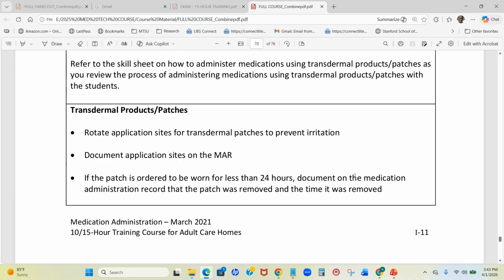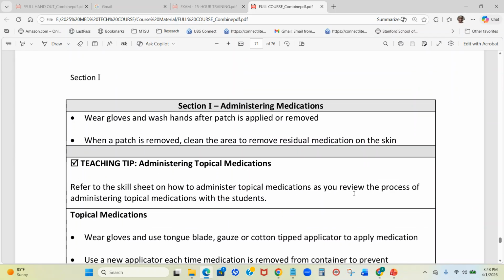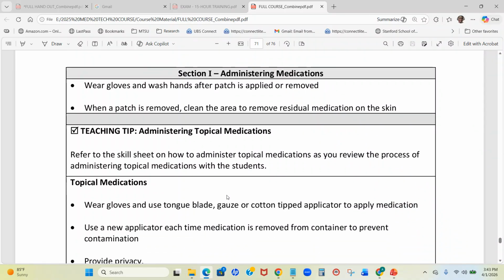If the patch is ordered to be worn for less than 24 hours, document on the MAR that the patch was removed and the time it was removed. Wear gloves and wash your hands after patch is applied or removed. When a patch is removed, clean the area to remove residual medication on the skin. Clean it with the alcohol wipes, the alcohol prep, the square thing.